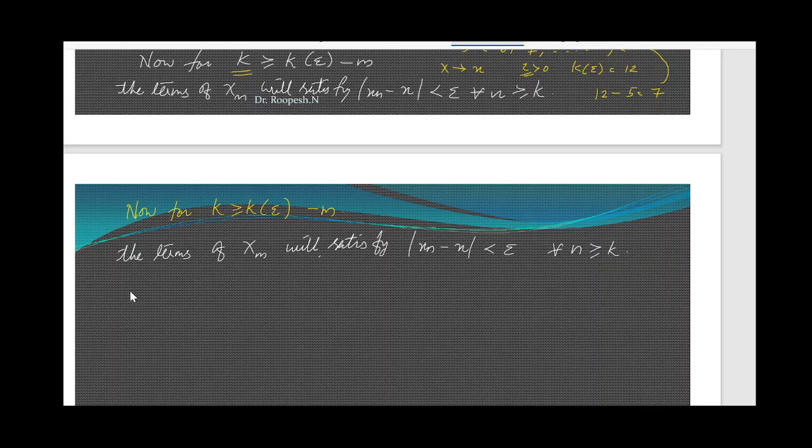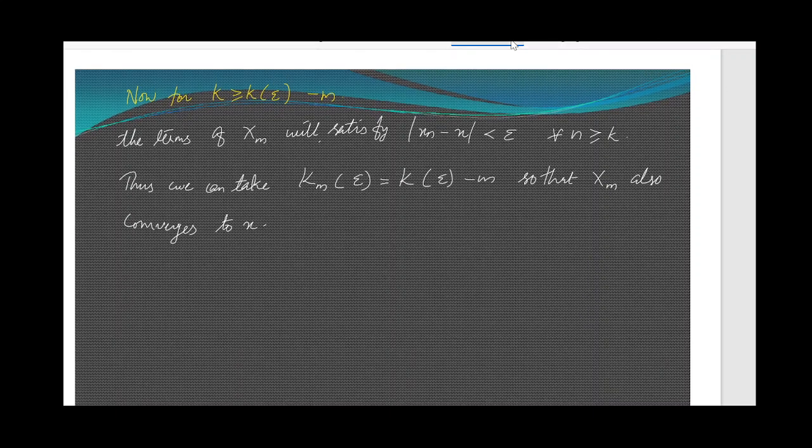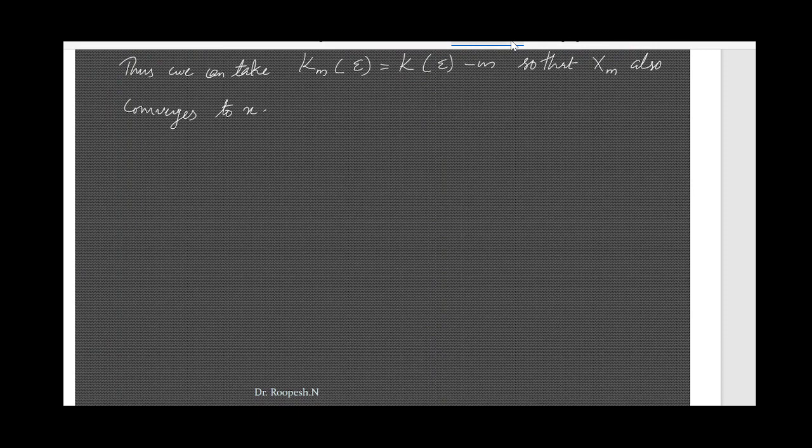Thus we can take km of epsilon for the m tail equal to k of epsilon minus m, so that your m tail xm also converges to some x.